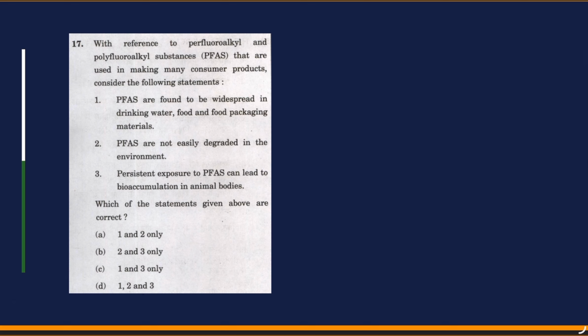With reference to perfluoroalkyl and polyfluoroalkyl substances, used in making many consumer products, consider the following statements. When I was solving this question, I was reading these substances for the first time, and there is a tendency that people might overlook it, or feel that they don't have any idea about this particular substance and skip it.